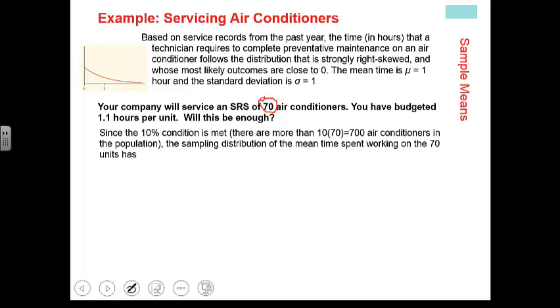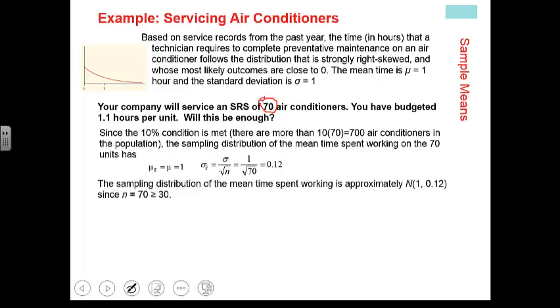The sampling distribution of the mean time spent working on the 70 units has a mean of mu, which is 1, and our standard deviation, since we have more than 700 air conditioners, we can use that standard deviation formula: 1 over square root of 70, which is 0.12. The sampling distribution of the mean time spent working is approximately normal, since our n is greater than 30. Our n is 70, so that's the rule of thumb that allows us to use our normal distribution.